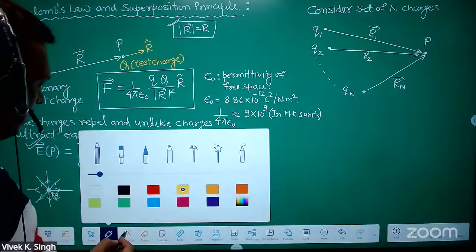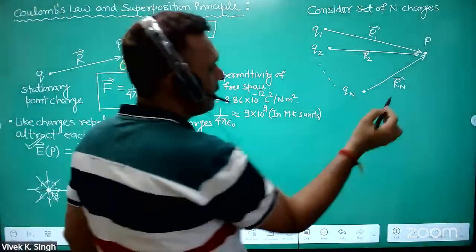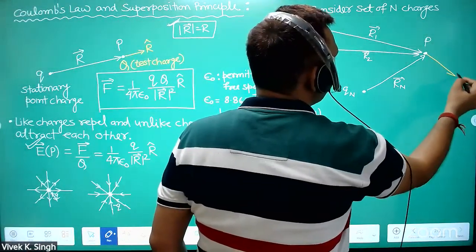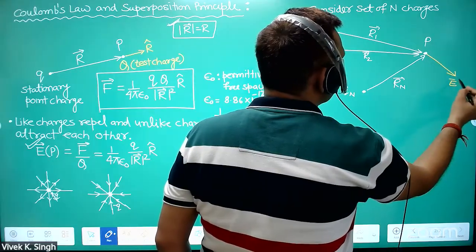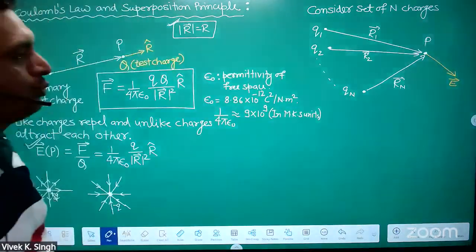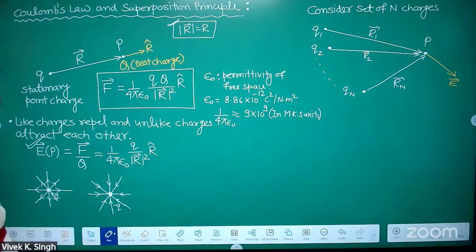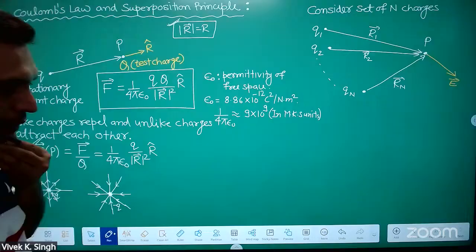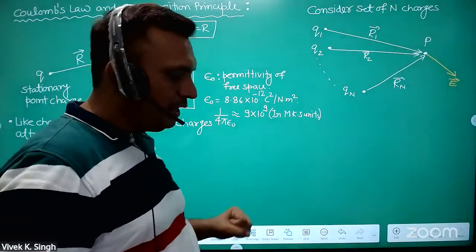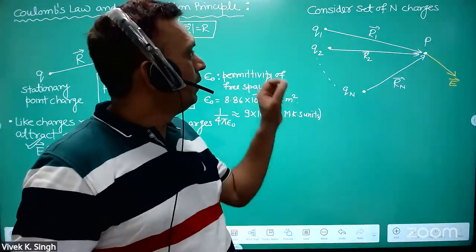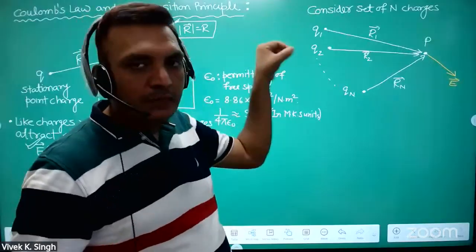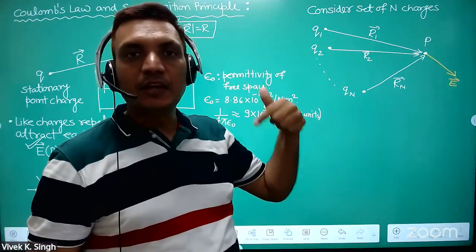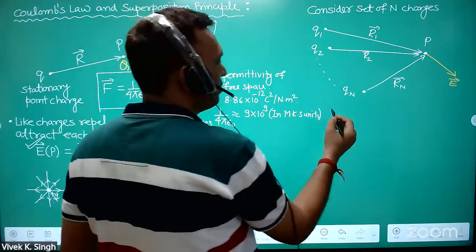And let's say E is the resultant field at point P. So this resultant field is given by finding the field due to individual charges and then taking the vector sum. That is the superposition principle.